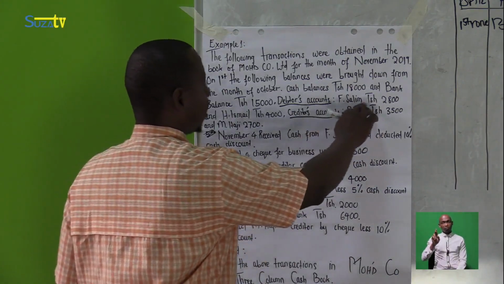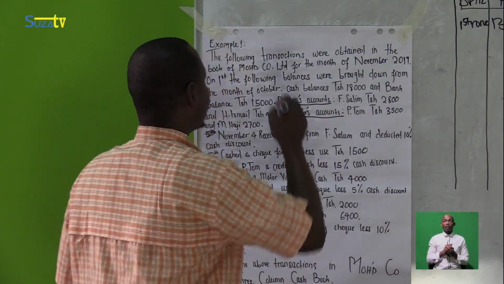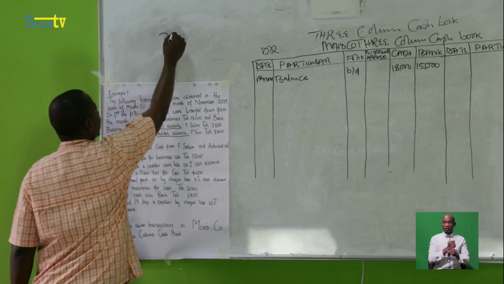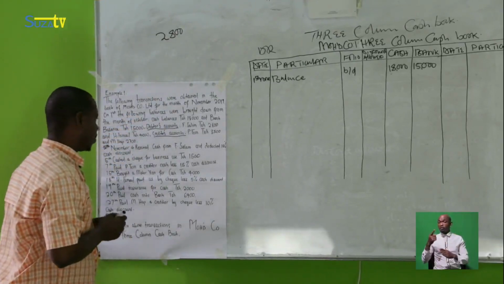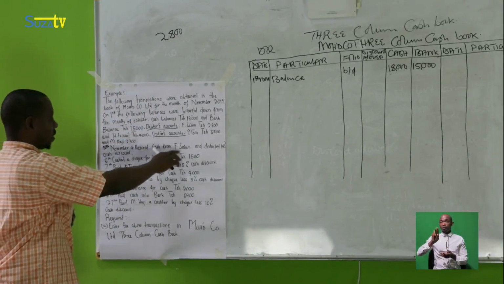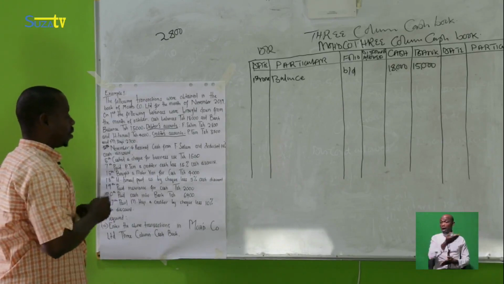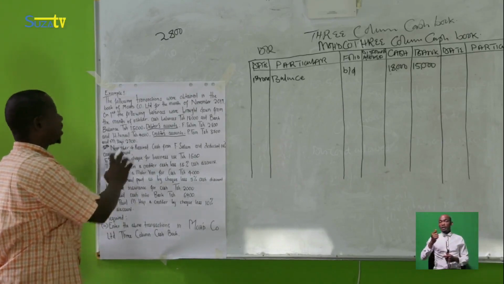He owed 2,800. F. Salom paid us, but we deduct 10% as a cash discount.